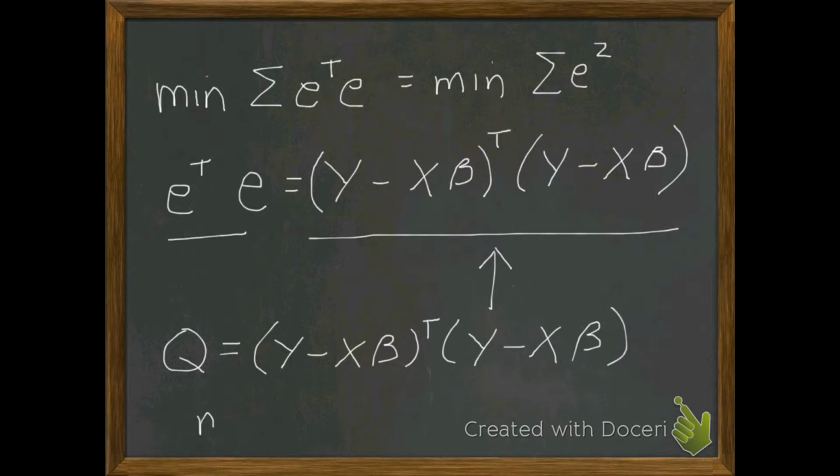And the goal is to minimize Q with respect to some form of beta. We may end up differentiating with respect to beta transpose, but we'll have to examine what we end up getting. So guys, let's multiply this out.